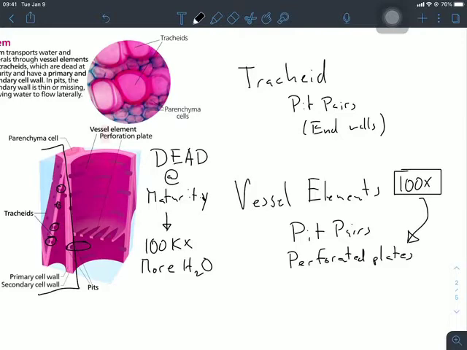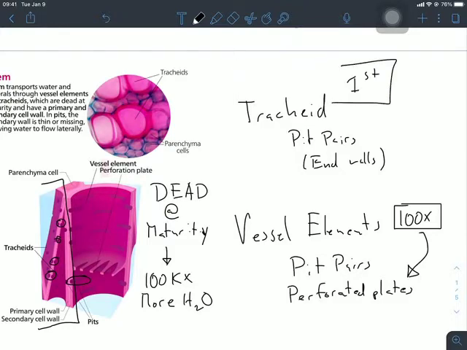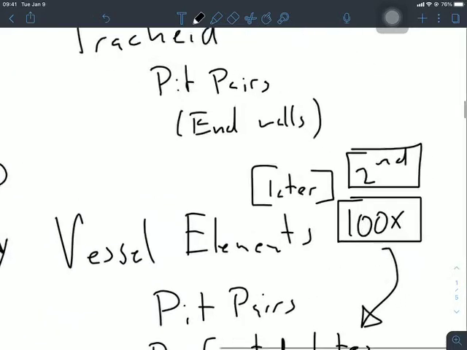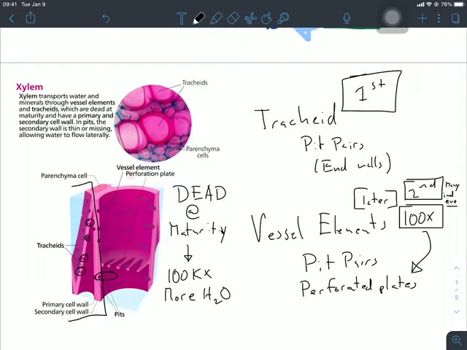So another feature that we'll keep in mind when discussing our tracheids is that these were the first structures to develop evolutionarily. Tracheids are older and original. Vessel elements came along much later in our phylogenetic history. They were second, and they occurred many times, in many independent evolutionary events. And we'll talk more about that when we get to our diversity section.